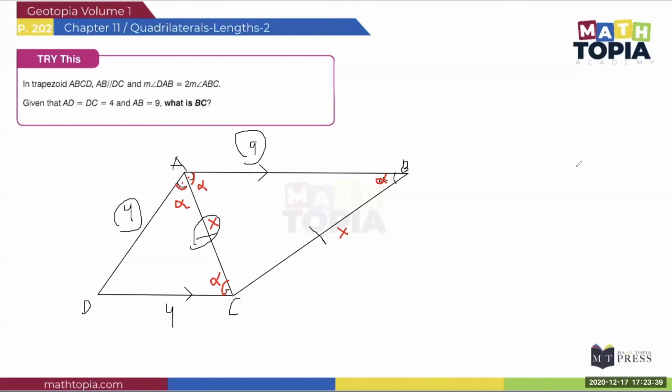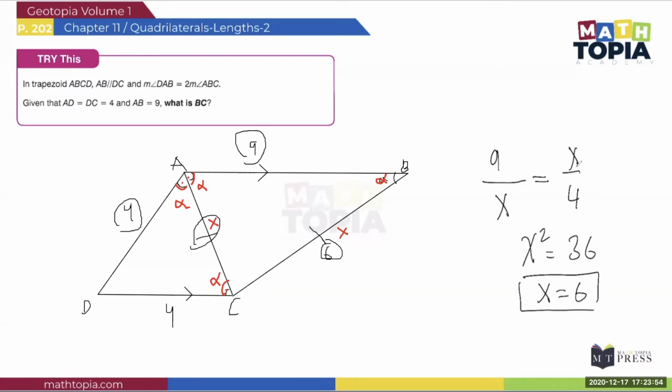So let's write the ratio 9 over x is equal to x over 4. Then from 2 isosceles triangles, x squared is 36, x is equal to 6. Wow, very cool. Then what are we looking for? BC, which is 6. Yeah. Perfect, we got it.